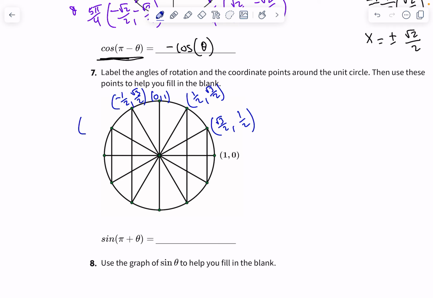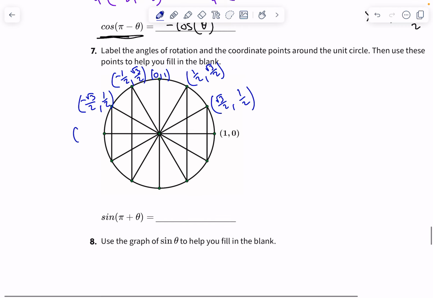Now what about here, right? It becomes negative, but my y-coordinate stayed the same. My sign is positive, okay? Now here I am at negative 1, 0. Down here, what about there? Do my x-coordinates change? No, they don't.